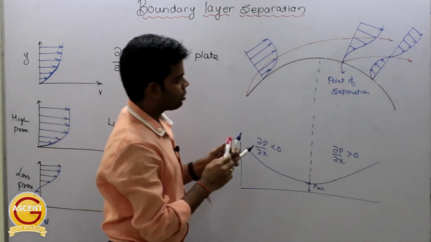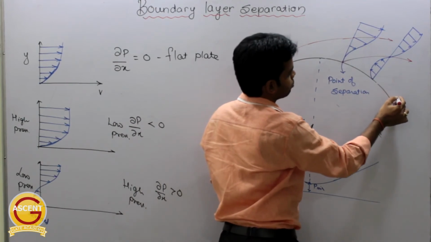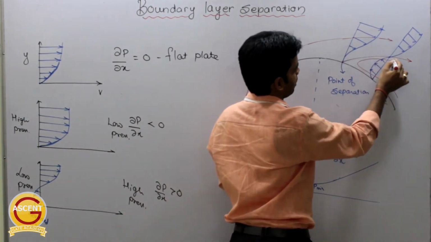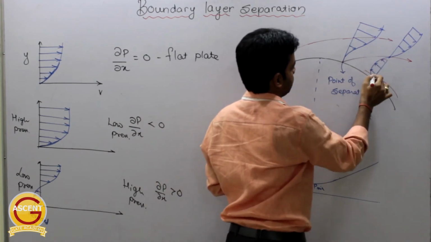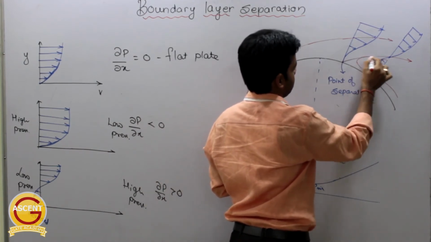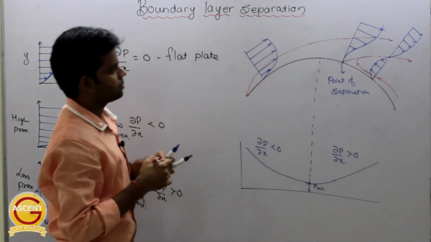Getting this? Okay, and because of this pressure difference, here we are having low pressure, here we are having high pressure, so there will be a reverse flow like this. Getting this?